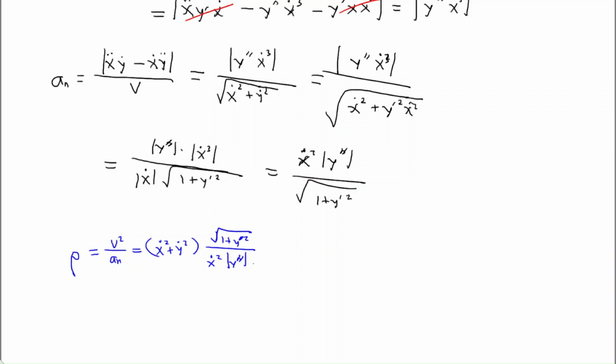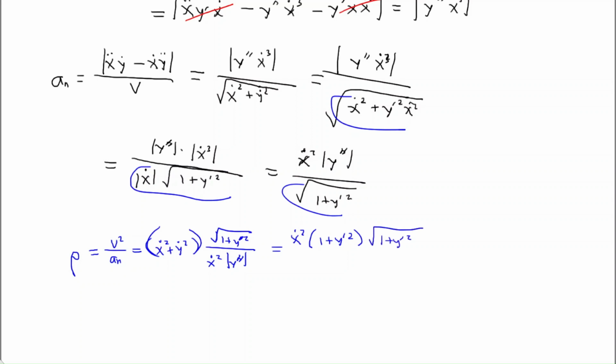And then just one more quick thing here. The part that's in parentheses, we managed that as we did in the previous couple of steps. I can write that as x dot squared, and in parentheses 1 plus y prime squared, and then times the square root of the same quantity, and then over x dot squared, absolute value of y double prime.